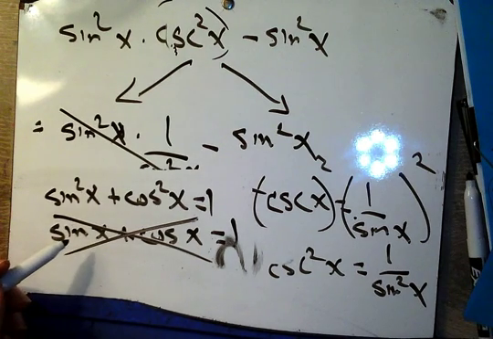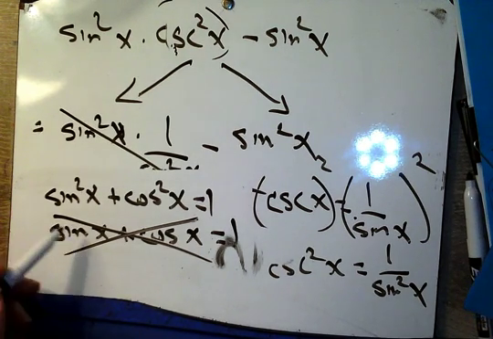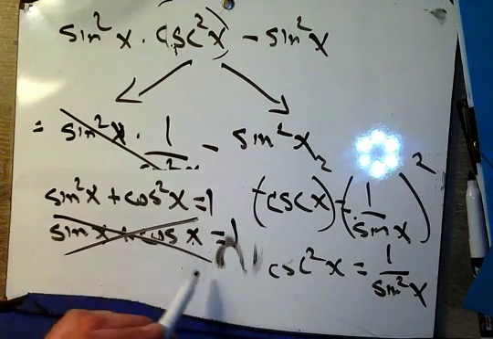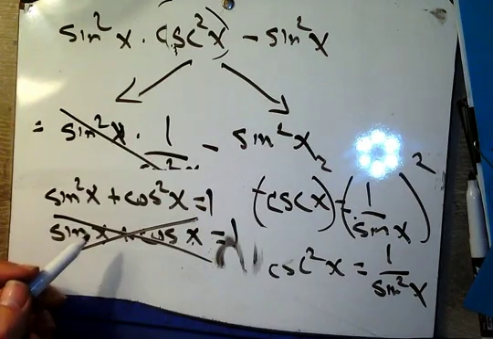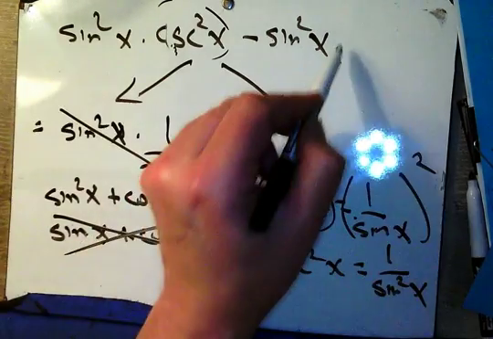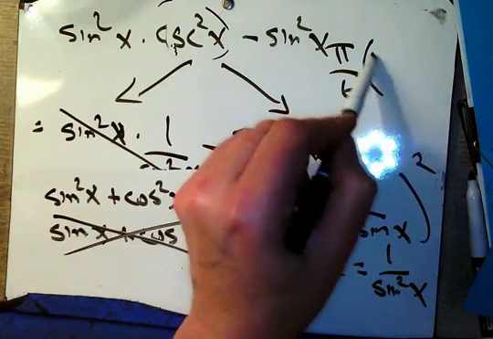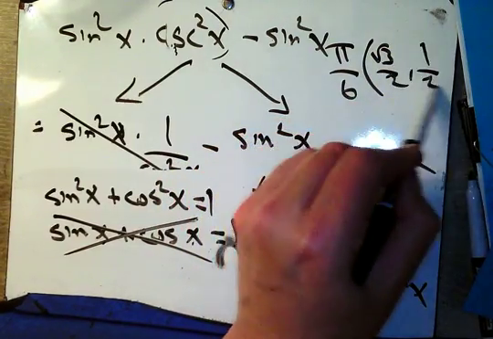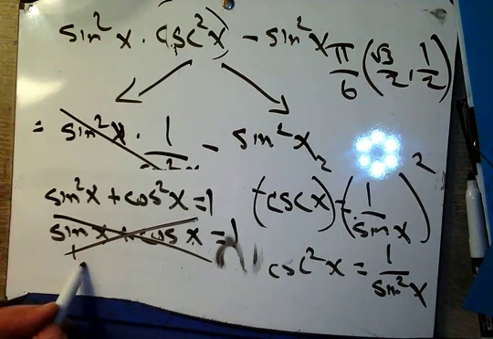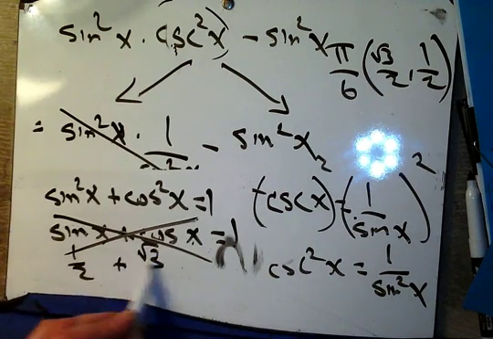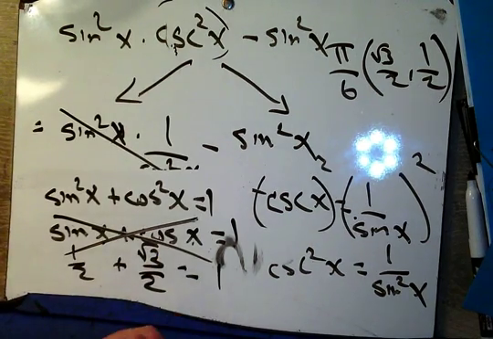Let's think about that for a moment. Let's pick a sine for an angle and a cosine for an angle, so an ordered pair on our graph, like at pi over 6. The ordered pair is root 3 over 2, comma 1 half. So if I take 1 half plus root 3 over 2, do I get 1? No, I don't.